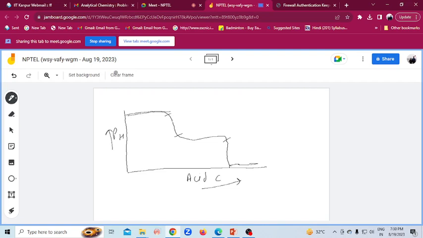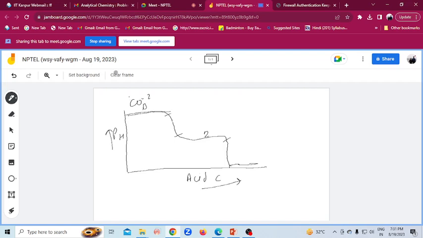This is the first and this is the second plateau. So why is this type of curve obtained? Here pH is decreasing, which means acid is forming, obviously.